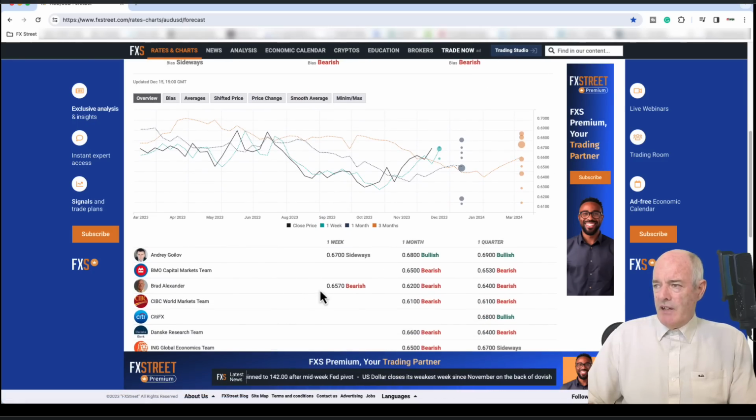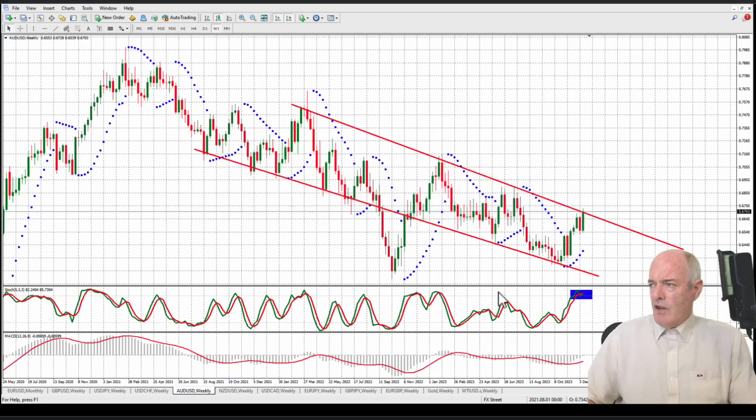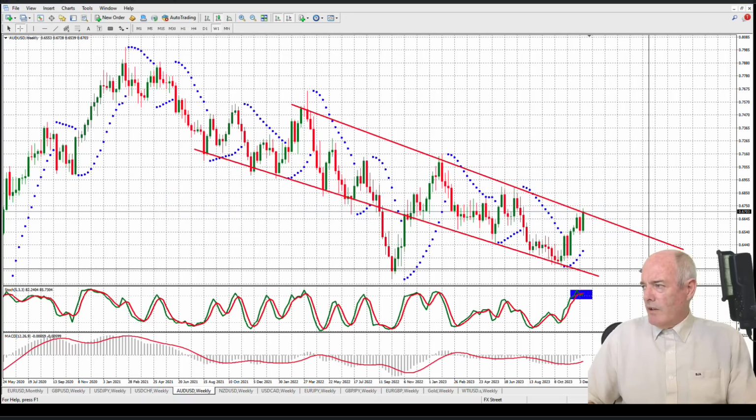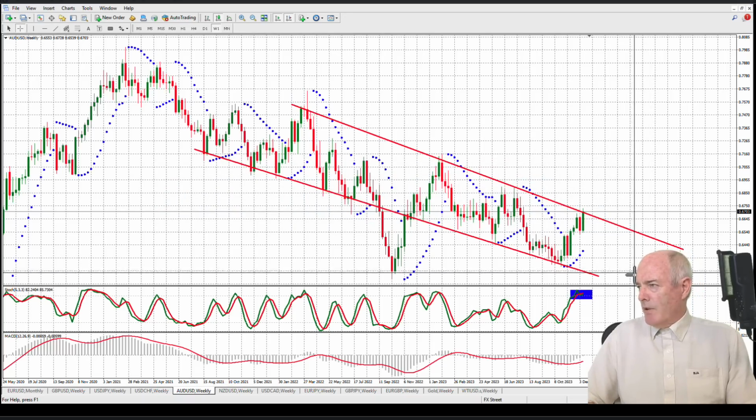So I'm predicting lots and lots of bearish activity. What I said for next week was price will fall to 0.657 and eventually within 90 days to 0.64. So if I quickly go back to our chart, where is 0.64? It's roughly about here.